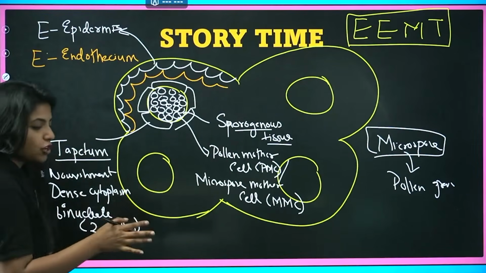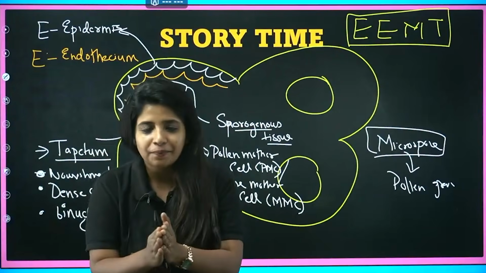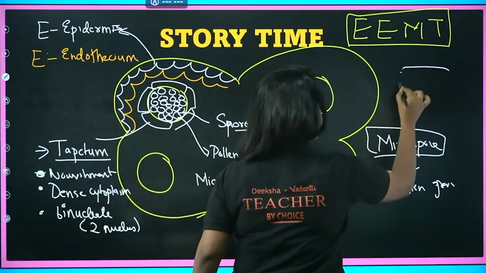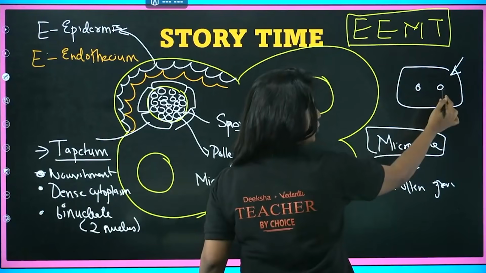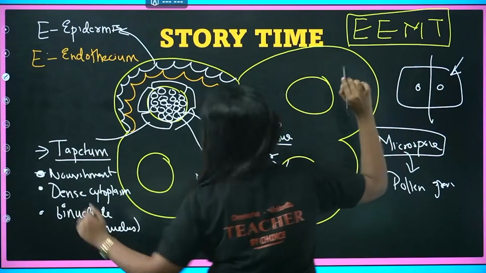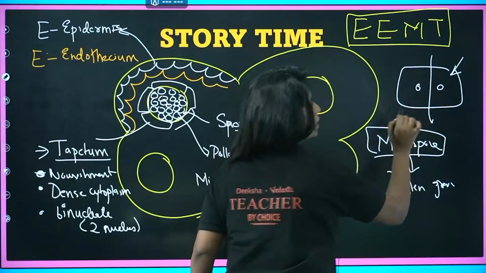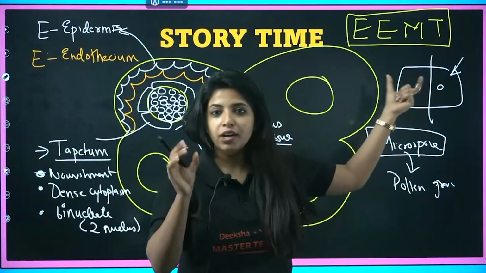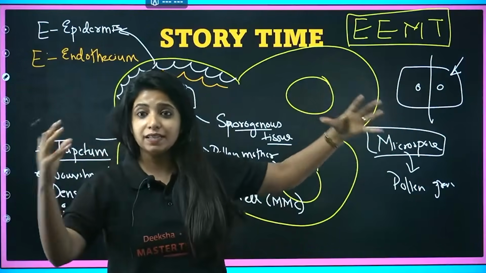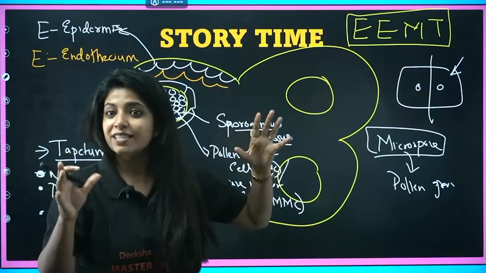Why? Because actually this cell should have been divided into two, but it didn't. The cell increased the cytoplasm, saying, okay, I have divided my nucleus, I will divide the cell also. But they did not let this division happen. So karyokinesis, the nuclear division, has taken place, but the cytoplasmic division didn't take place.